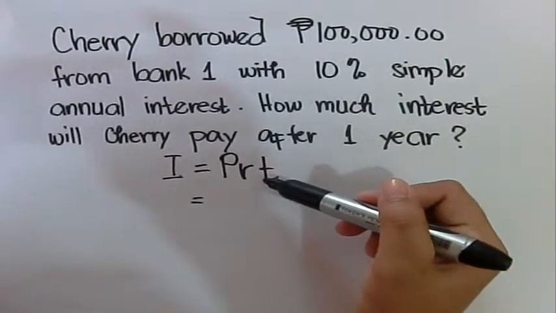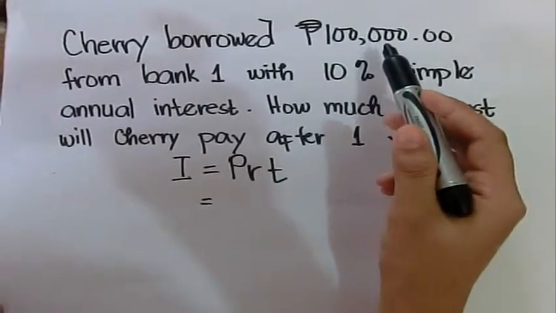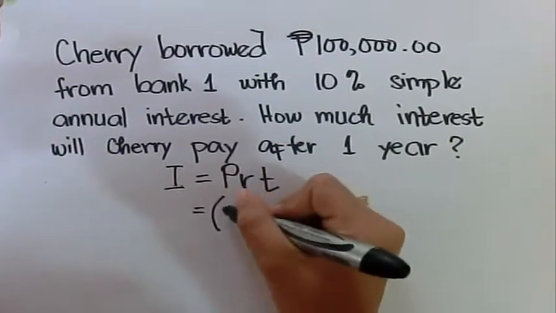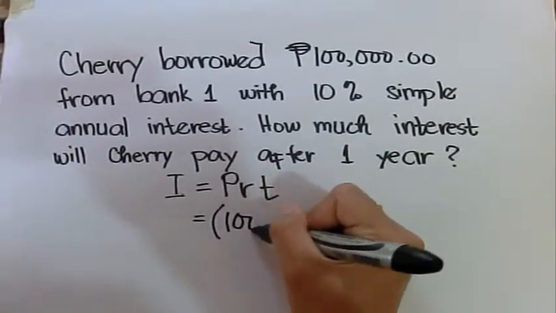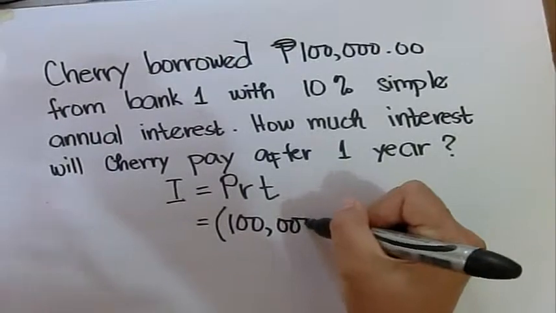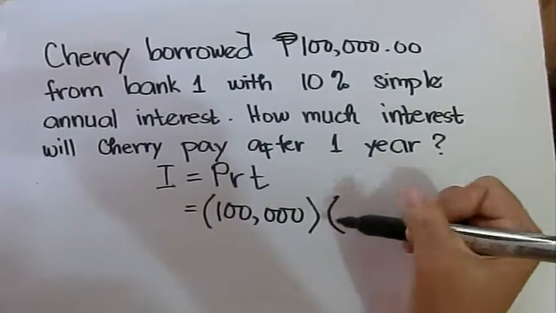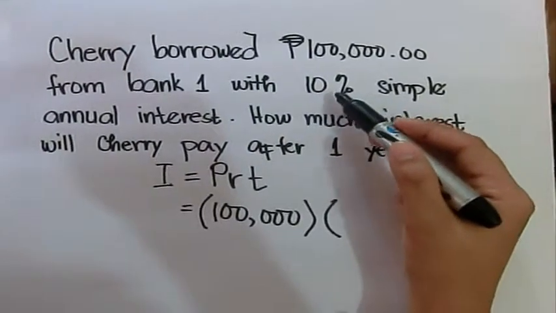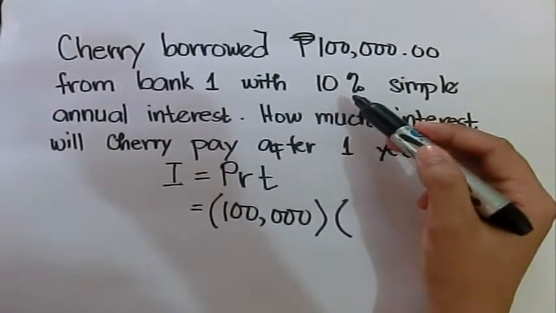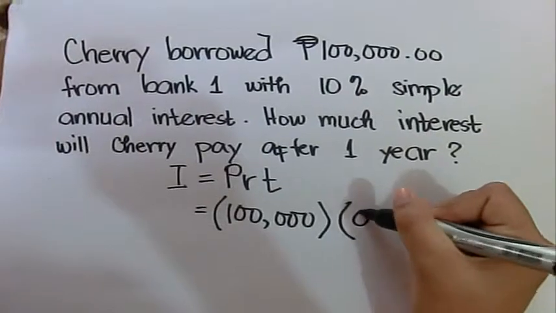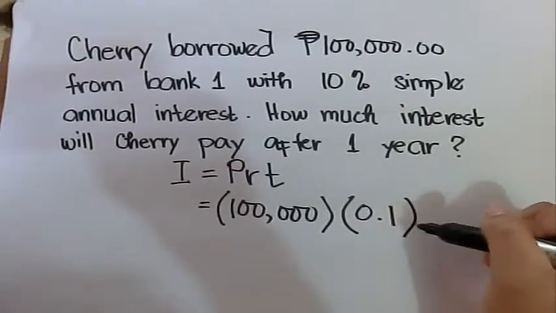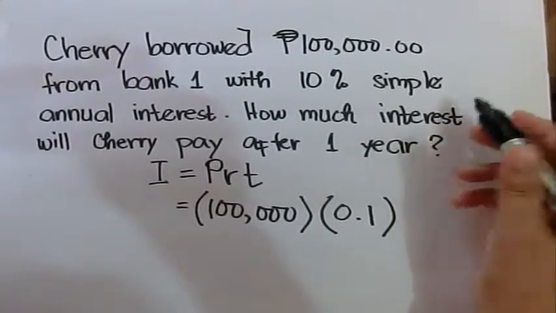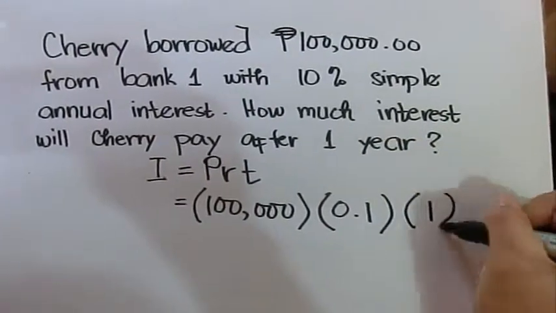So since Cherry borrowed 100,000 pesos, that would be our principal amount. So we have 100,000 times the rate. The given rate is 10%, so we are going to convert 10% into decimal form. So we have 0.1 times the time. Since the given time is 1 year, we have 1.